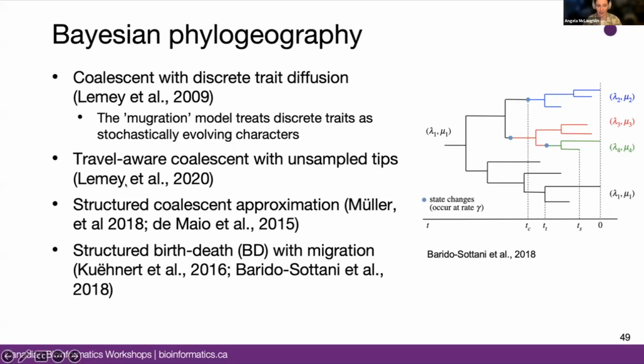So that's the biggest downside to these formally Bayesian phylogeographic methods: even for a couple hundred tips of, say, 30,000 base pairs, which would be the size of the SARS-CoV-2 genome, that could take you a couple weeks to run a few Markov chain Monte Carlo steps.